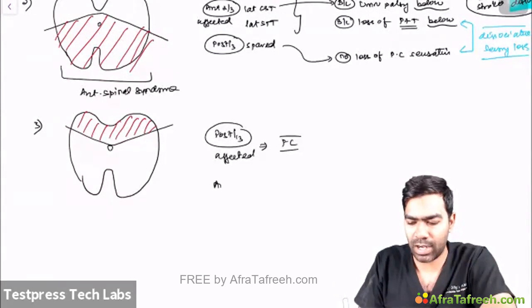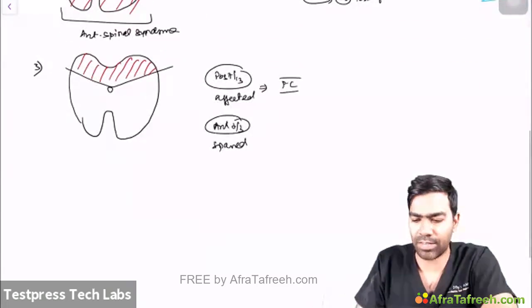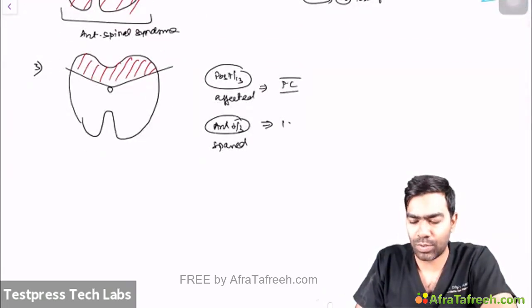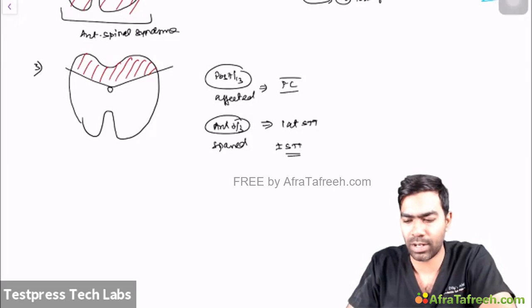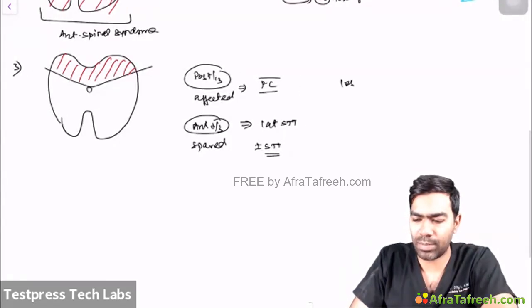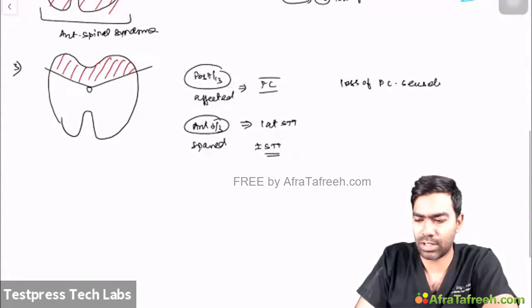But what is spared? The anterior 2/3 is basically spared here. Depending on the type of the disease that is affecting this, usually the lateral spinothalamic tract is the one that is definitely spared, plus or minus the corticospinal tract can also be spared. So in this setting, definitely there will be loss of posterior column sensations below the level of the lesion.